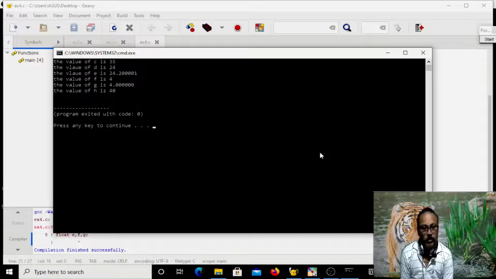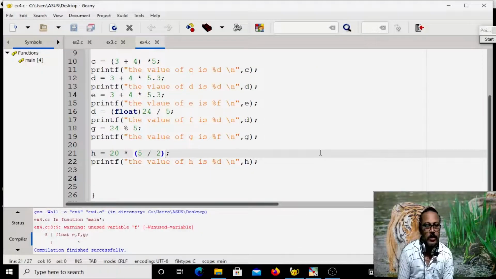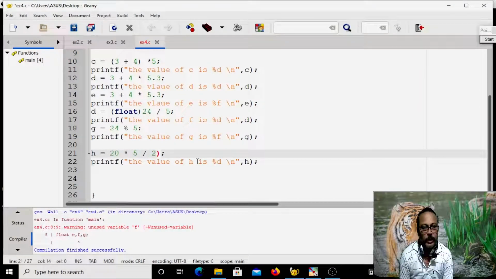Forty. You are getting 40. So it depends on the associativity rule. Because it is left to right associativity, no problem.